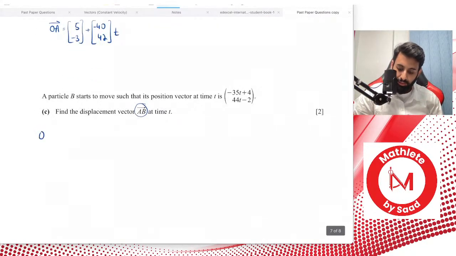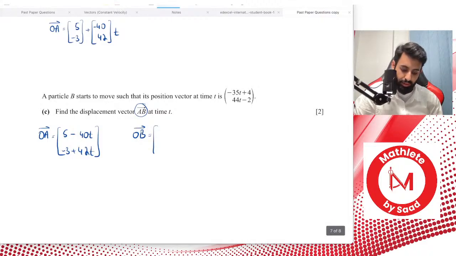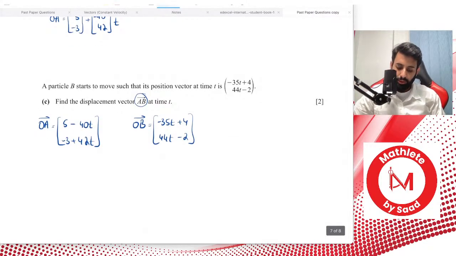So remember, you have OA. The question just made you work out OA, so that's 5 minus 40t, and minus 3 plus 42t. And now the question has given us OB, so that's minus 35t plus 4 over 44t minus 2. Yes, that's exactly what we're going to do, Yusuf.